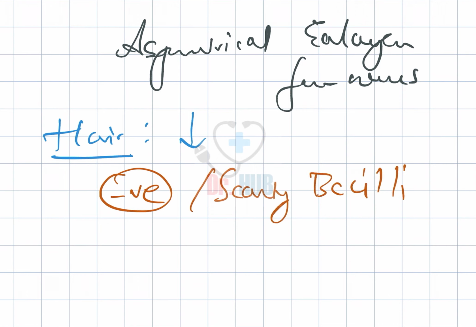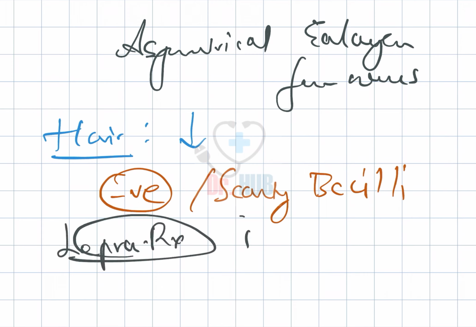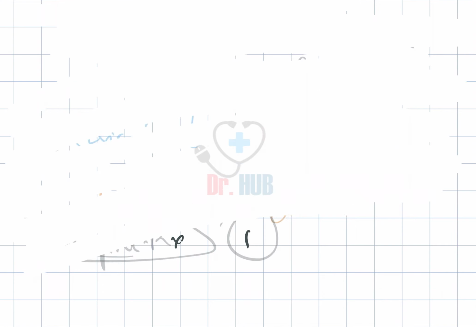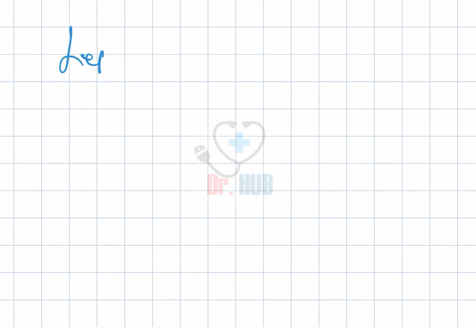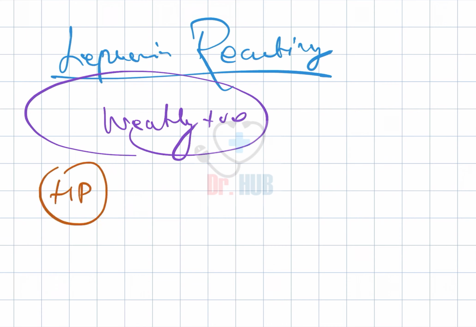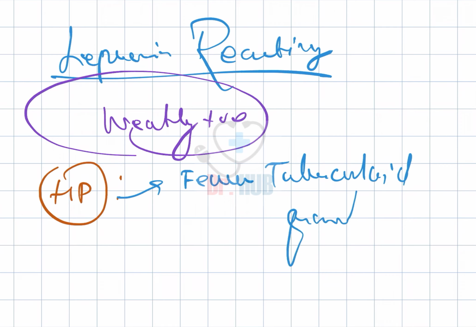Looking at the lepra reaction, it is type 1. Next, the lepromin reactivity is weakly positive, and on histopath examination, what is seen is fewer tuberculoid granulomas.